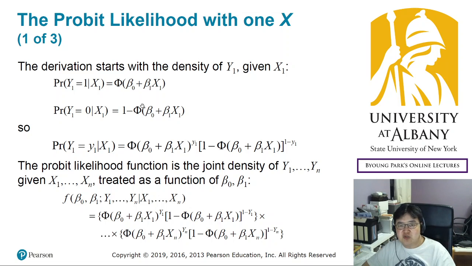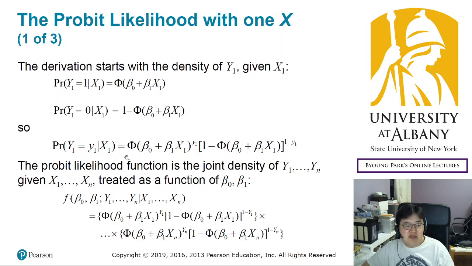The sum of these two probabilities must be 1 all the time. So these two different cases can be written in one equation this way, using the exponent y or 1 minus y.